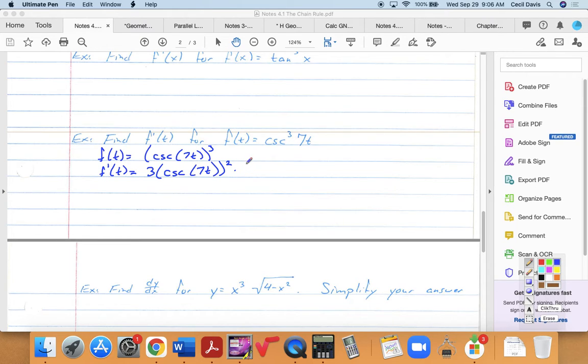The derivative of cosecant is negative cosecant cotangent. So it would be negative cosecant, we're still going to keep the inside part, 7t, times cotangent of 7t, times the derivative of the very innermost part, which was 7t, is just 7.